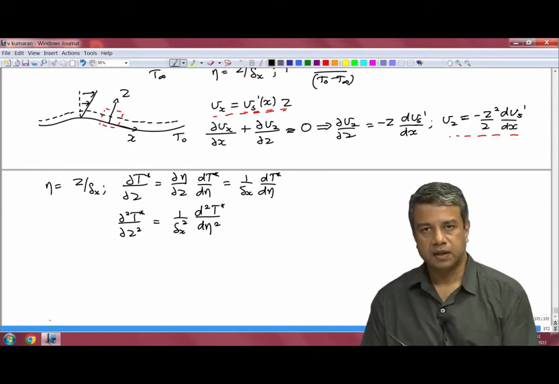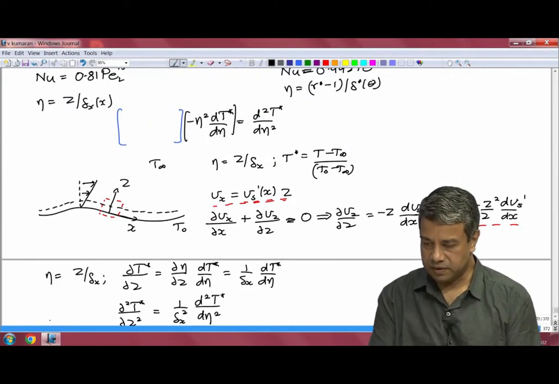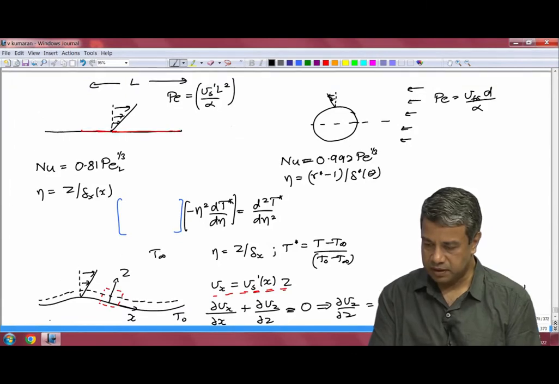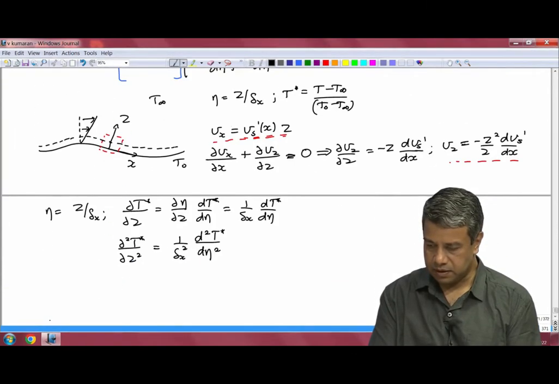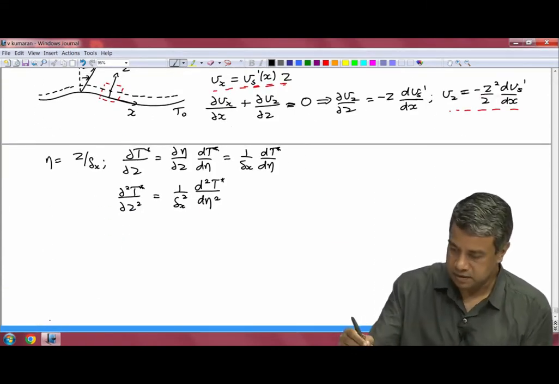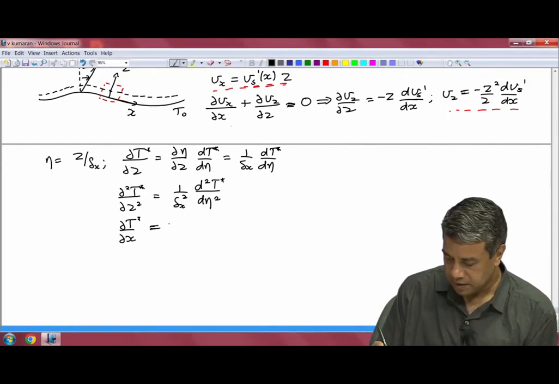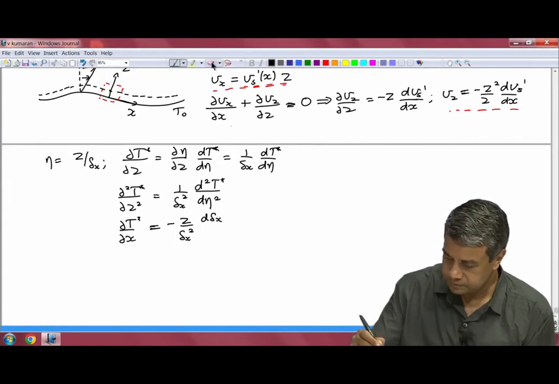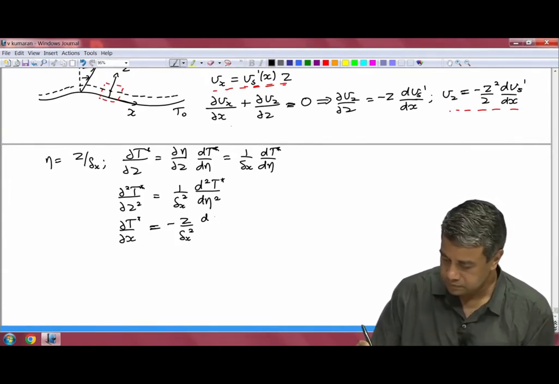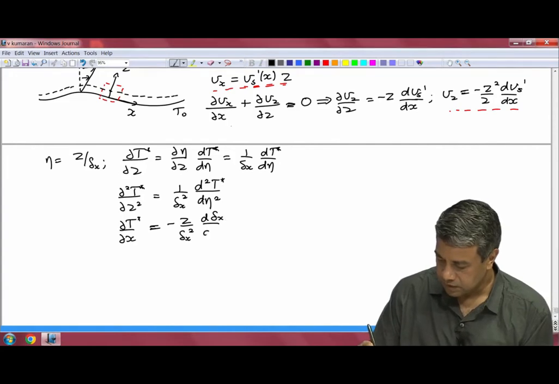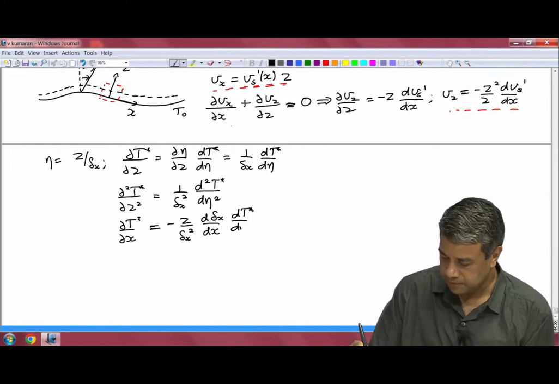And then we also have, if you recall, the expression for the temperature gradient in the x direction, so that I can write partial t by partial x is equal to minus z by delta x square d delta x by dx times dt by d eta.